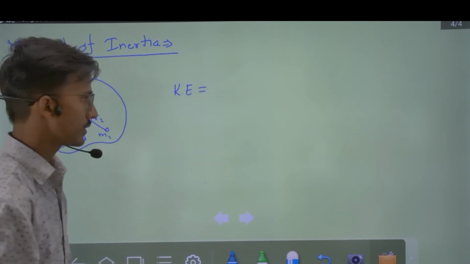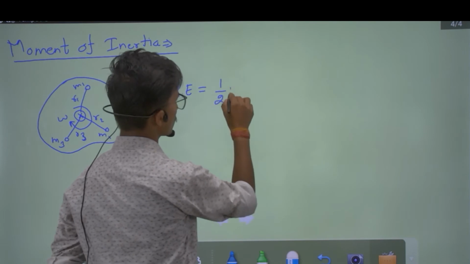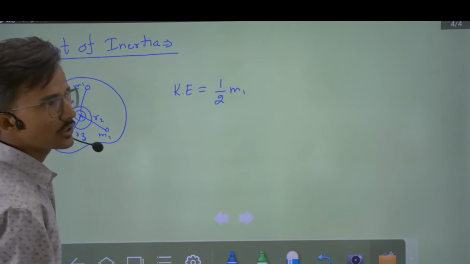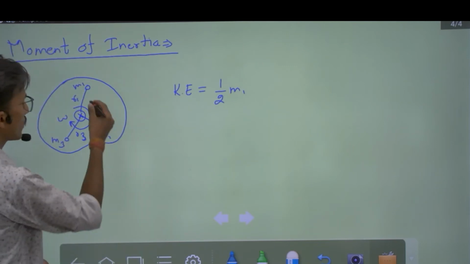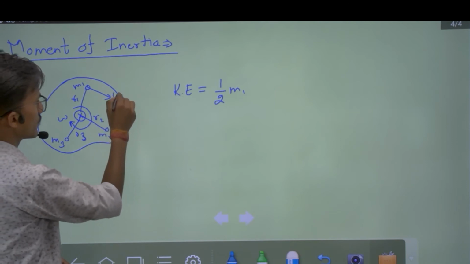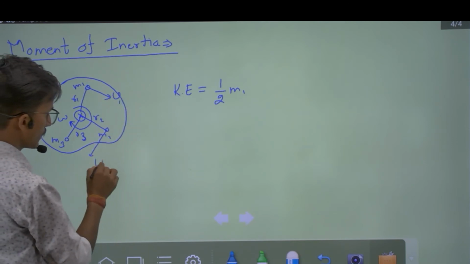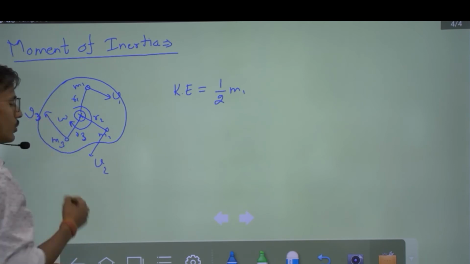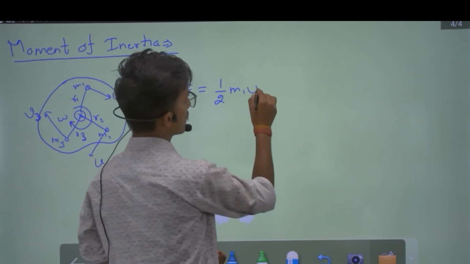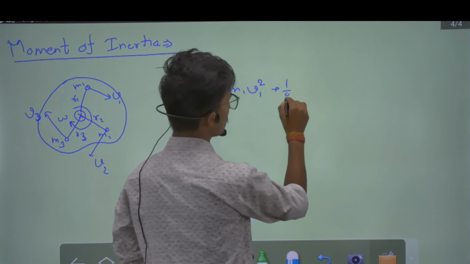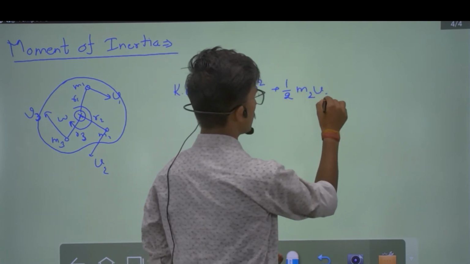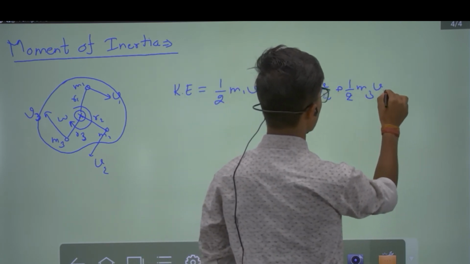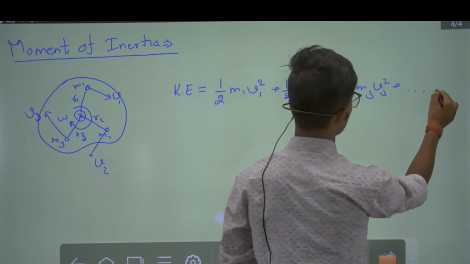We know that half of mv square, but here this is not v square, so we need to calculate the velocity. If this is v1 and velocity of m2 is v2 and velocity of m3 is v3, we don't know the value of v1 still, so I will write half of m1 v1 square plus half of m2 v2 square plus half of m3 v3 square plus and so on.